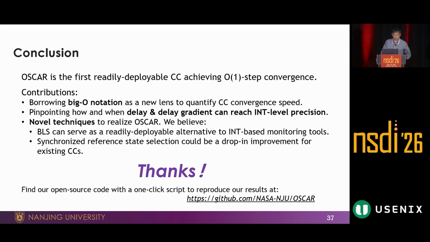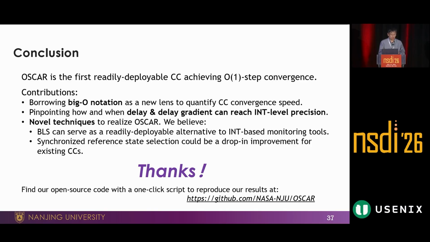So here comes the conclusion. OSCA is the first readily deployable congestion control that can achieve one-step convergence. Our contribution, as we said, is that we are the first to borrow the big O notation. We also show how delay gradient can be accurately estimated, and it can be used in our solution to reach INT-level precision.